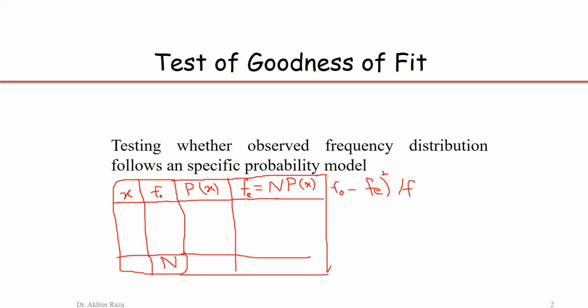This is the formula for computing the chi-square goodness of fit. The formula is exactly the same as the formula of the test of independence, but instead of writing O and E, I am just writing FO and FE. So nothing is different in these two.